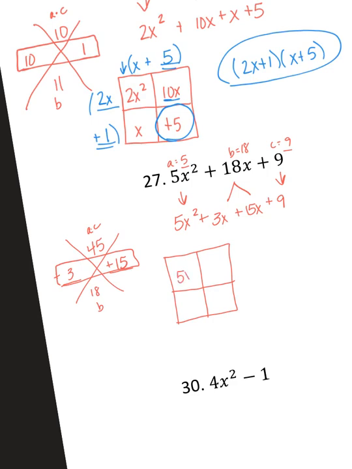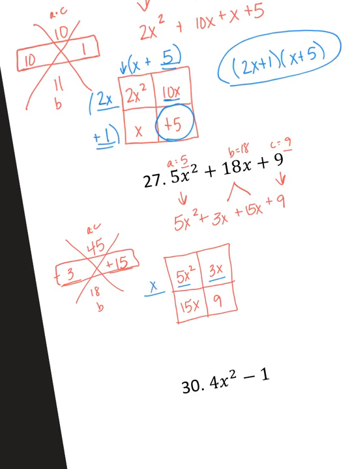So we got 5x squared plus 3x plus 15x and 9. And we're going to look for GCFs in order to be able to factor. So let's look at 5x squared and 3x. So we're looking for the term in that row. The GCF of those is x.